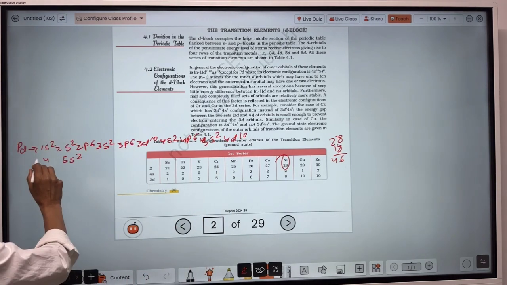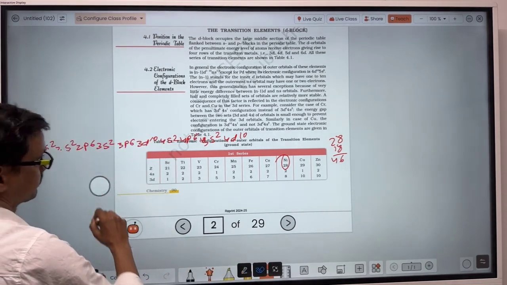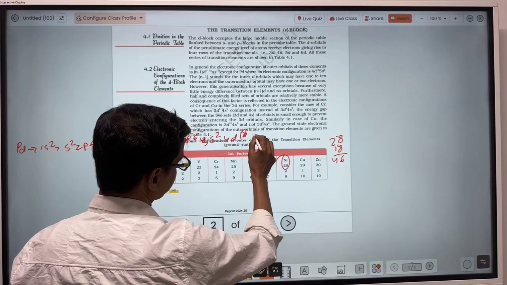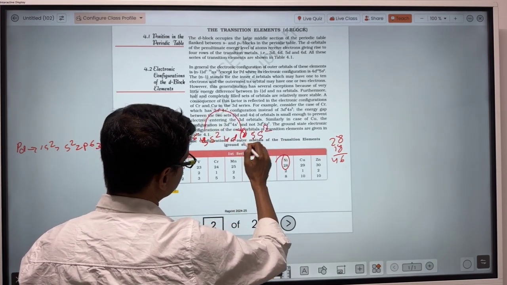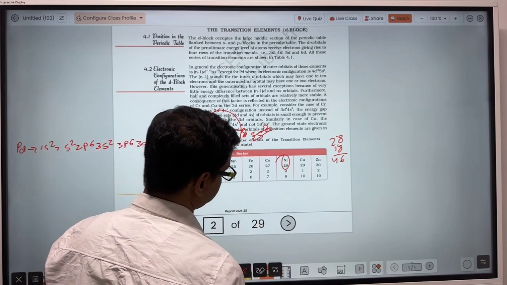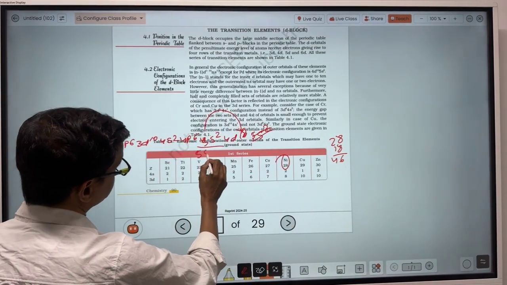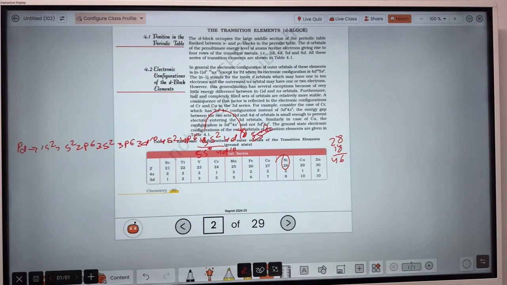That will be the electronic configuration, because if there were 4d8 and 5s2, the 2 electrons from 5s go into 4d, so the electronic configuration will be 5s0 4d10.